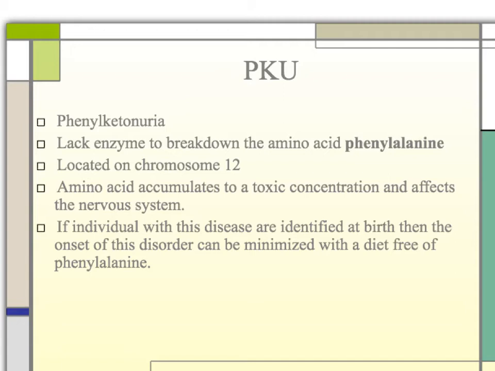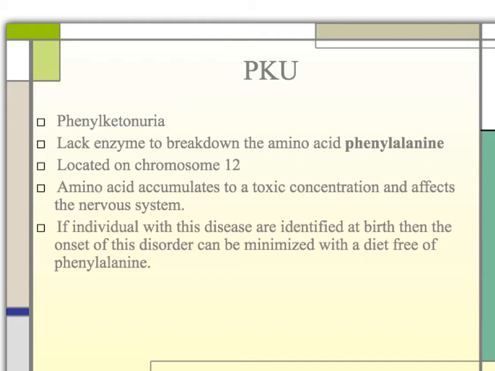Phenylketonuria, often called PKU because it's much easier to say, is there's an enzyme that we have that will break down the amino acid phenylalanine. The instructions for this enzyme are located on chromosome 12. Now, if you have two bad copies of this enzyme, then the phenylalanine will accumulate into toxic levels in your body, and it tends to affect the nervous system.